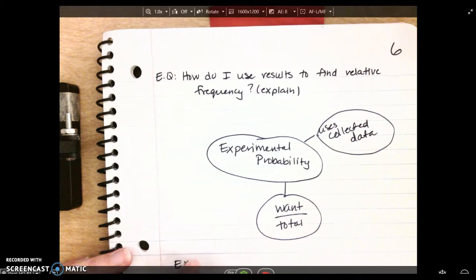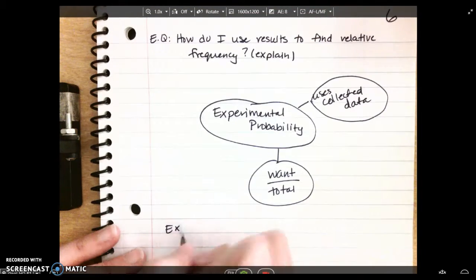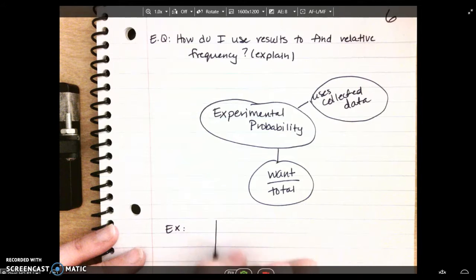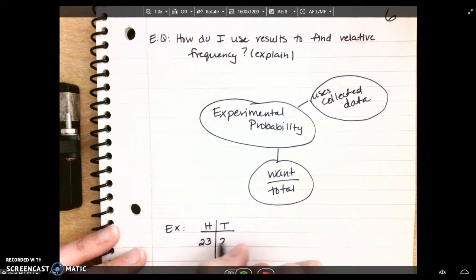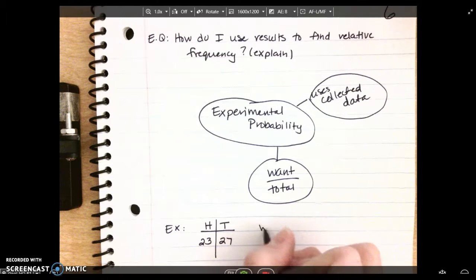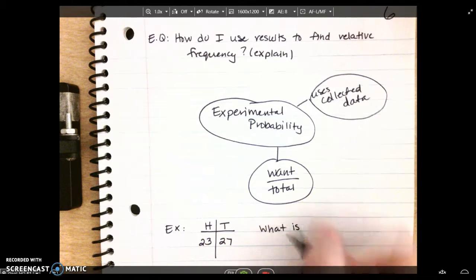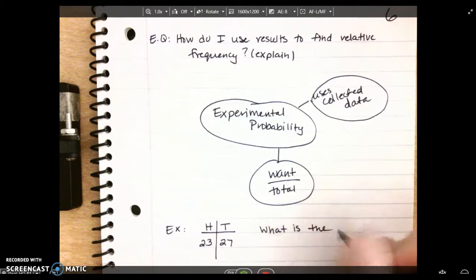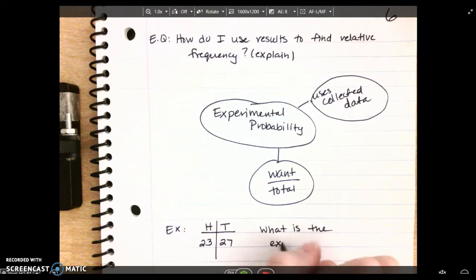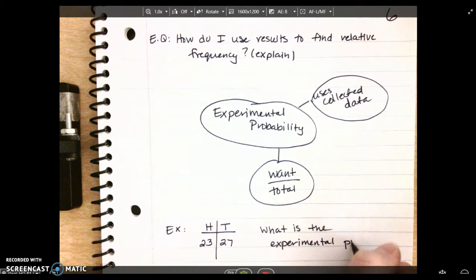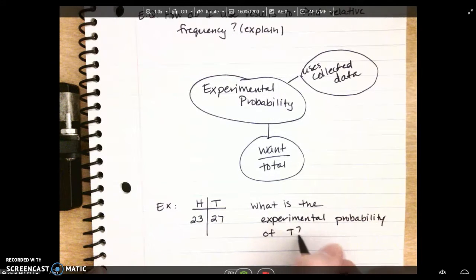So for example, say I had an experiment where I had a coin where I did heads and tails, and I flipped heads 23 times and tails 27 times. So what is the experimental probability of tails?